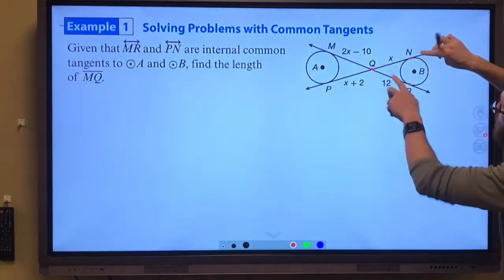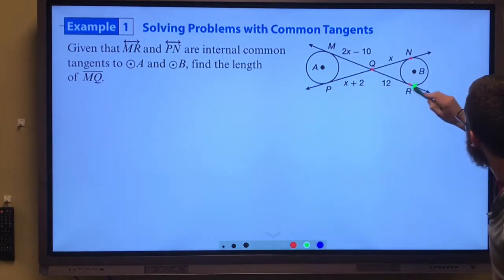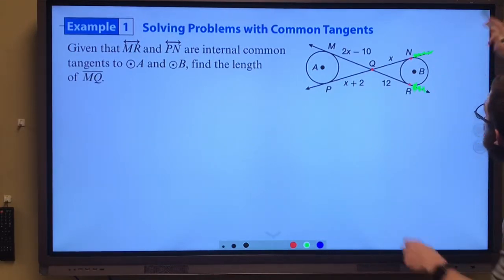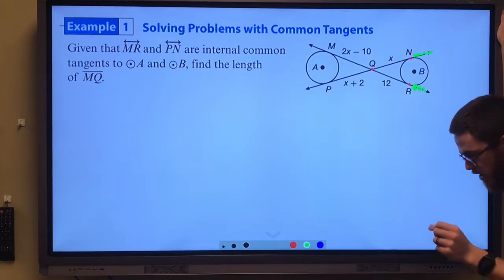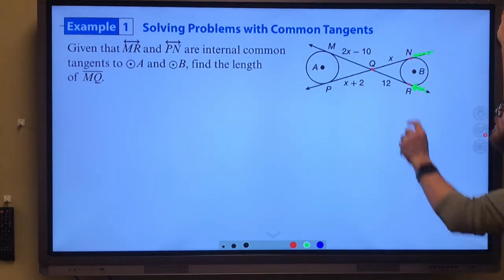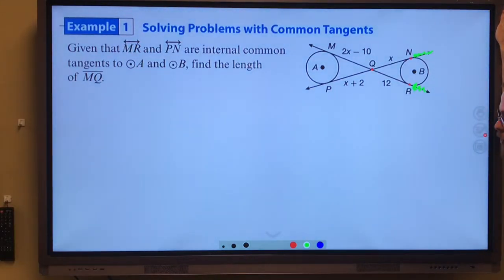They're tangent segments. I'm essentially ignoring the rest of this tangent, and I'm just worrying about those segments right there. Those segments must be congruent because two tangent segments sharing an exterior endpoint must be congruent.